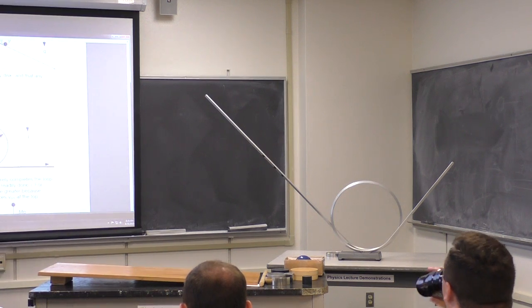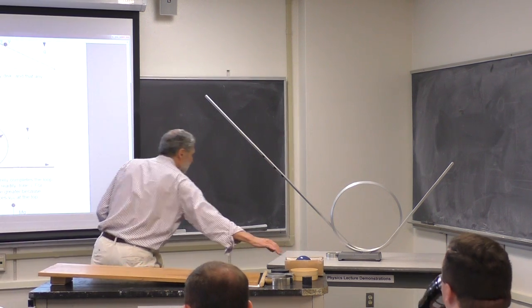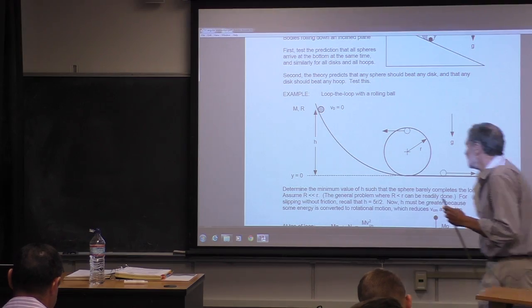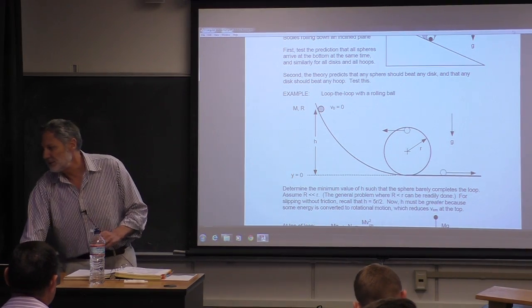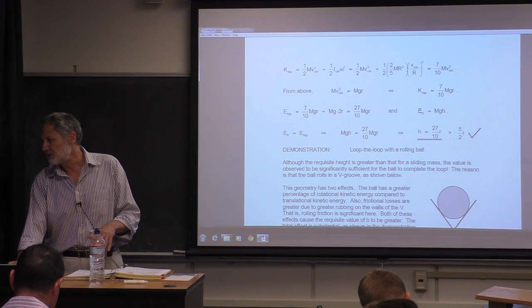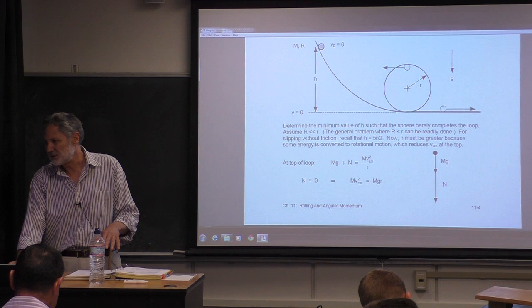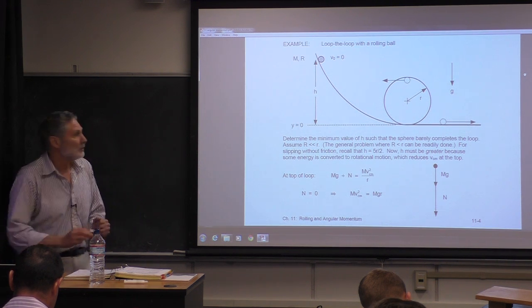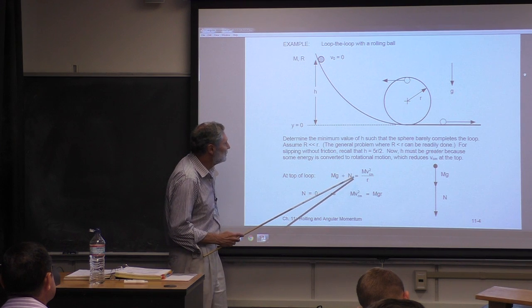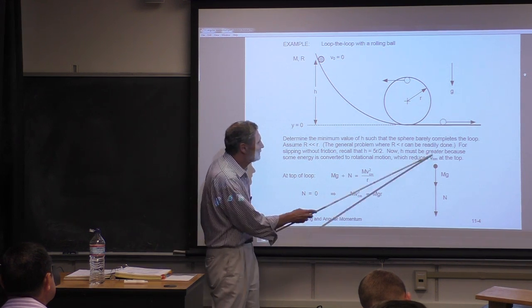That's a theoretical problem. This is very similar to the classic problem we solved before, neglecting rotational inertia, way back in a previous chapter, except now we want to include rotational kinetic energy. So at the top of the loop, here's the force diagram.